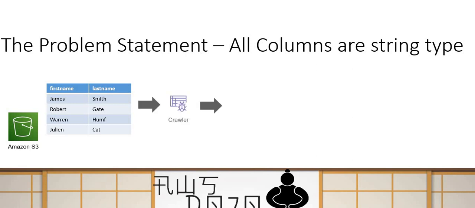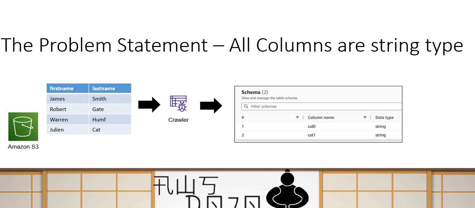When you try to crawl this data using the out-of-the-box classifier available in the crawler, it will catalog something like this. The crawler will not be able to identify that the first line, first name and last name, is a header, and the rest is data. It assumes by default that even the first line is data.